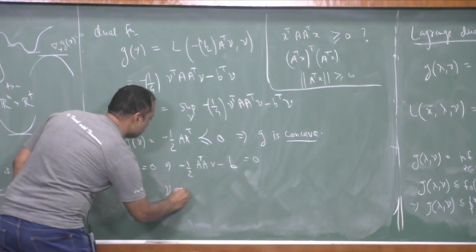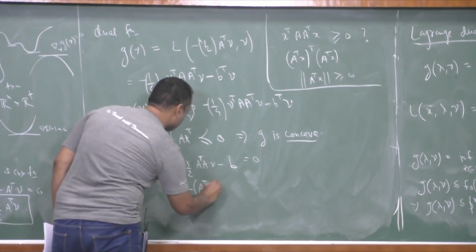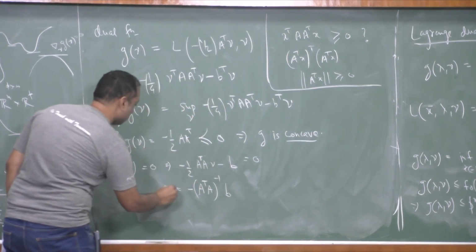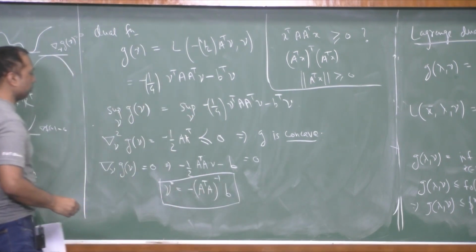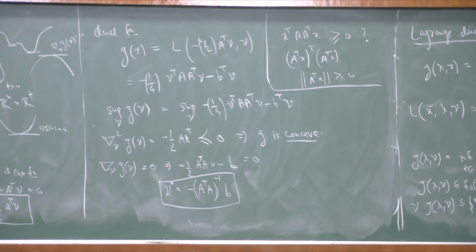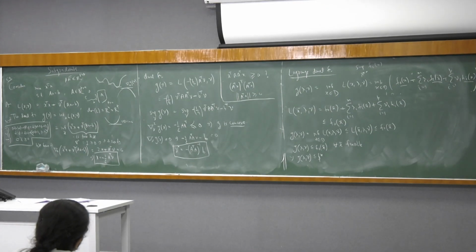So nu will be minus of A transpose A inverse of b, okay? So this is the nu star that we are looking for, okay? This is exactly when A transpose A will be n by n, okay? So if it's full rank with n, then it's invertible, and this we substitute in g, okay, and that will give us the dual optimal, which will be d star, okay?